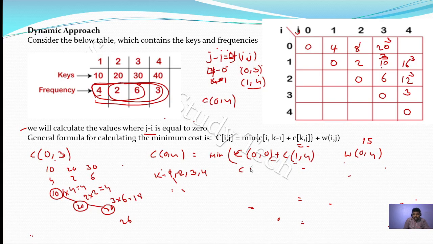Then C of 0 comma 1, where k value is 2, so 2 minus 1 is 1, plus C of 2 comma 4. And C of 0 comma 2, considering the k value is 3, plus C of 3 comma 4. Like here the k value is 4, I consider 4 minus 1, that is 3, plus C of 4 comma 4.